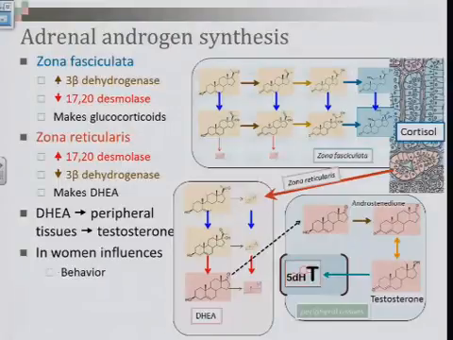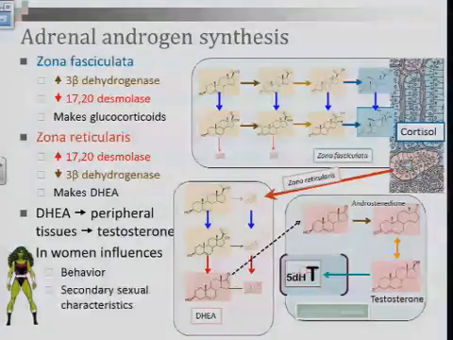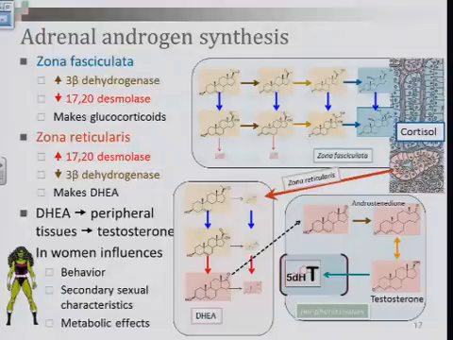And in women, testosterone will influence behavior, and especially the 5-DHT is important for some secondary sexual characteristics. It also has those metabolic effects I mentioned before.